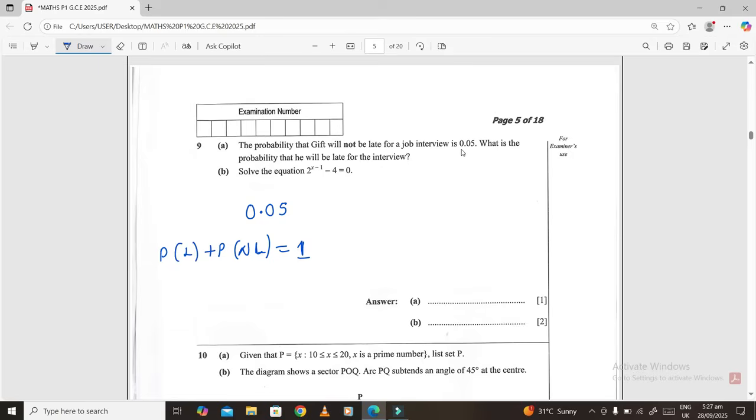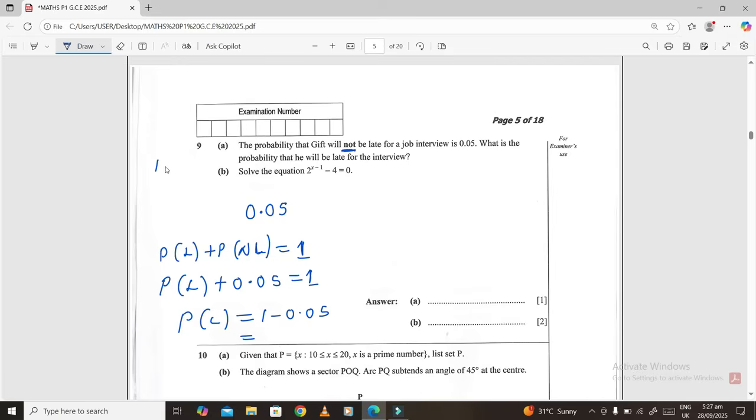But here they've given us the probability that Gift will not be late for a job interview. So we are now looking for the probability of being late. So we're going to substitute 0.05 where not late is. It's equal to 1. So the probability of Gift being late will be equal to 1 minus 0.05.